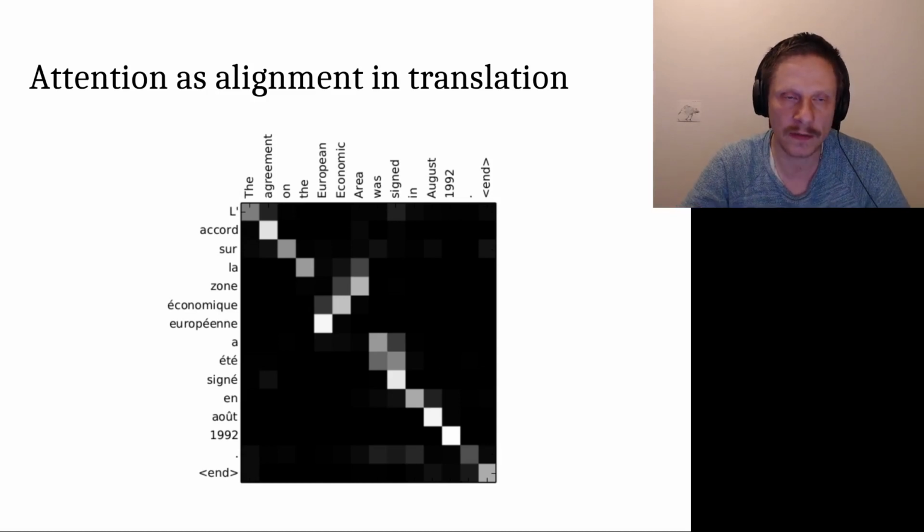That is because the words in that sequence are reversed in the French version of the sentence. So, zone économique européenne. Européenne is at the end, économique is in the middle, and zone is the first, which was exactly the opposite of what happens in English, and that's why this pattern is reversed here.